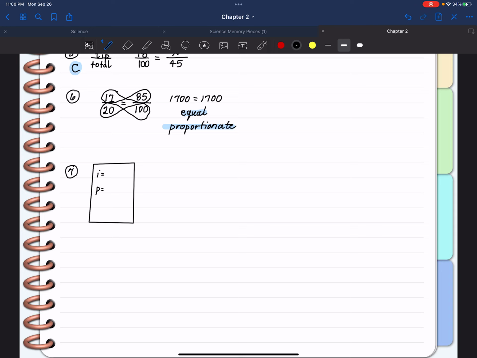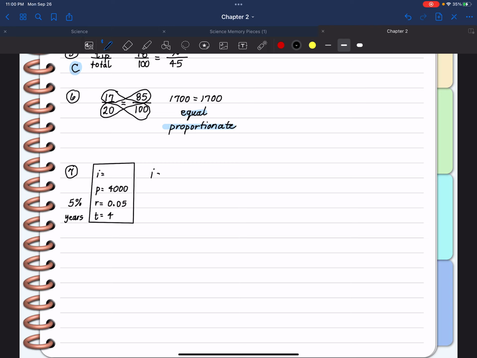And I like to do my variable box. 4,000 is the principal. The rate is 0.05. You can't put a percent sign in the box. Time must be in years. And it is. It's 4.